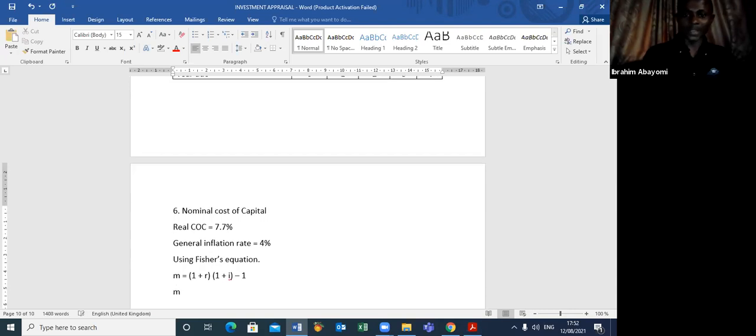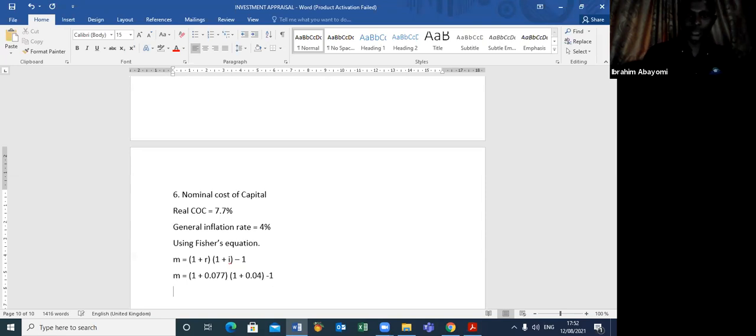So money cost of capital will be equal to (1 plus 0.077) times (1 plus 0.04) minus 1, which is 1.077 times 1.04 minus 1.